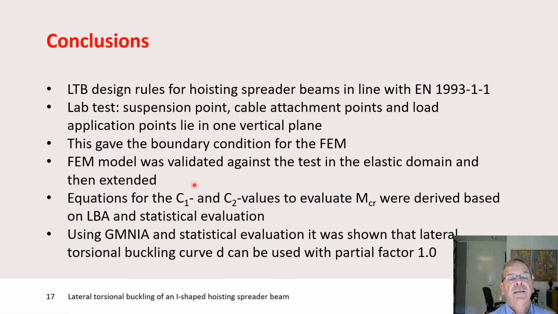We validated it against the test in the elastic domain and then extended the model for steel. We derived equations for C1 and C2 using linear buckling analysis and a statistical evaluation, and then we used the GMNIA and statistical evaluation to show that the lateral torsional buckling curve D can be used with a partial factor of 1. Thanks for your attention.